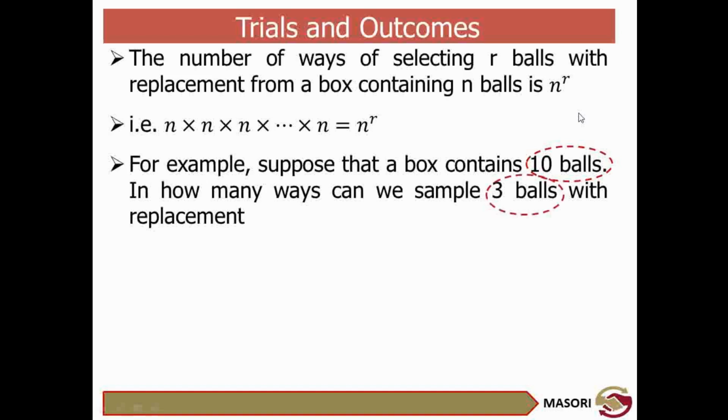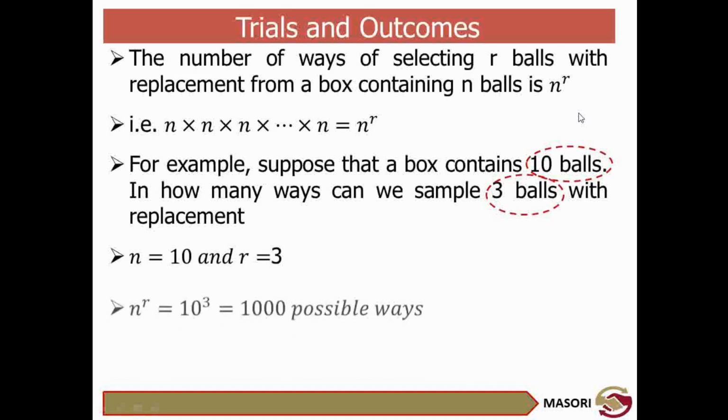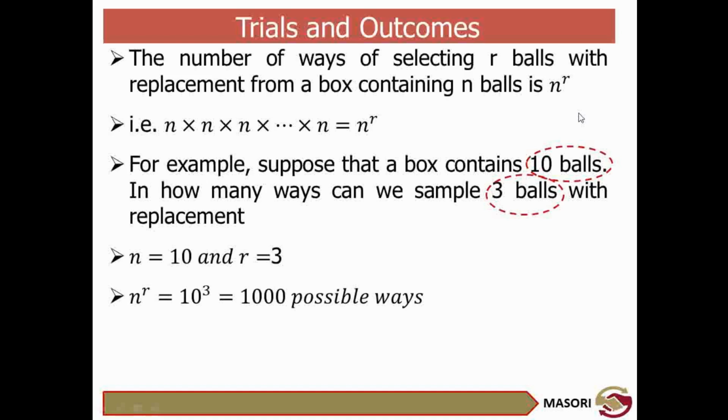So we want to know in how many ways we can sample 3 balls with replacement from a box containing 10 balls. Our n is 10 and r is 3, which means we are looking at 10 times 10 times 10, which will give us 1,000 possible ways.